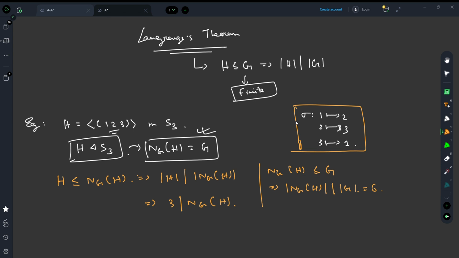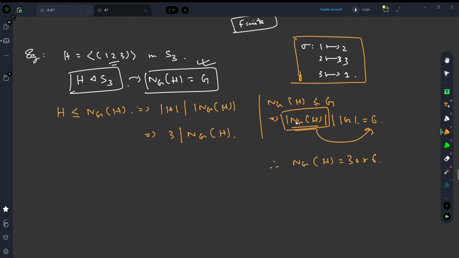Then what are the only possibilities for the order of the normalizer of H in G? 3 must divide this, and this must divide 6. Therefore, the only possibilities for the order of the normalizer of H in G are 3 or 6.